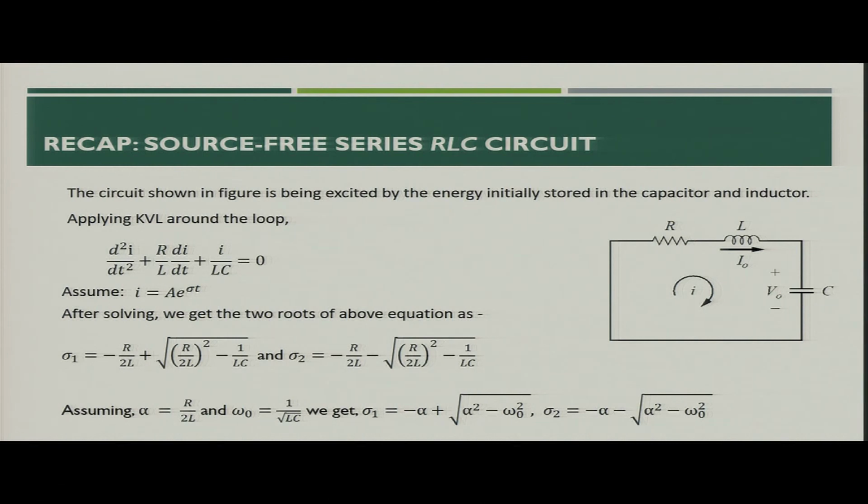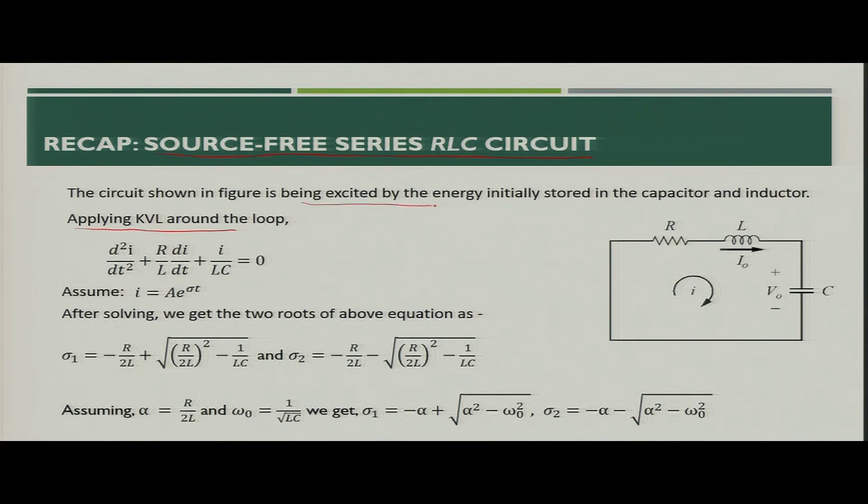We discussed the source-free series RLC circuit, and we mentioned that the characteristic equation we get from Kirchhoff voltage law is of second order in nature. That is why it is called a second order circuit.